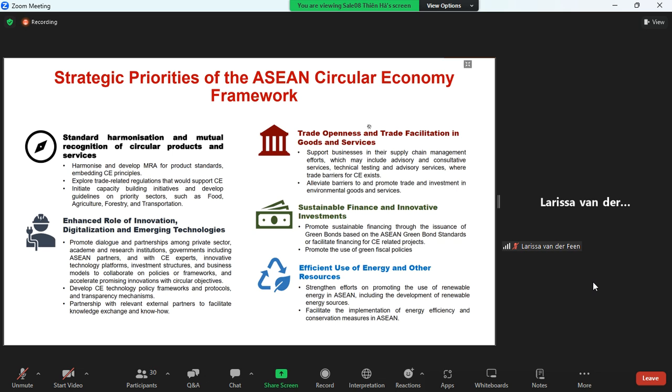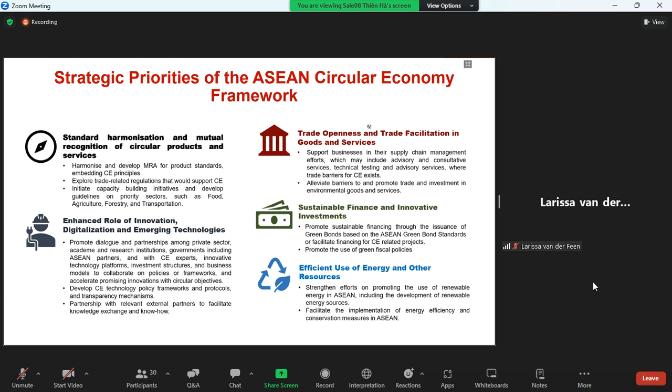One is standard harmonization and the mutual recognition of circular products and services. The second is trade openness and trade facilitation in circular goods and services. The third one is the enhanced role of innovation, digitalization, and emerging green technologies.